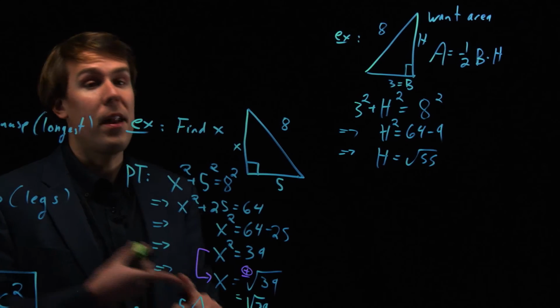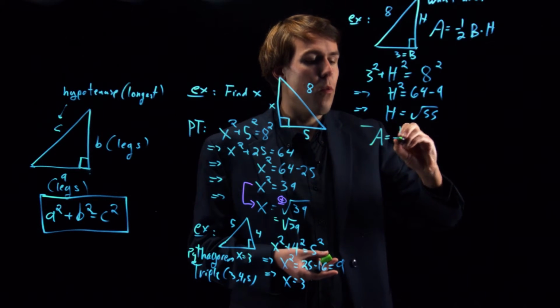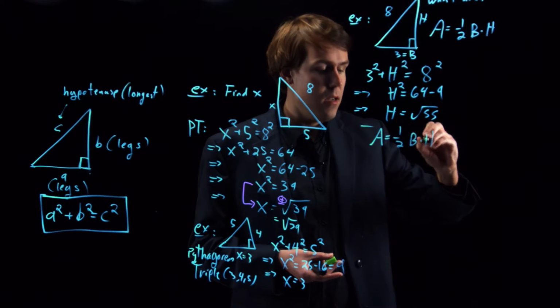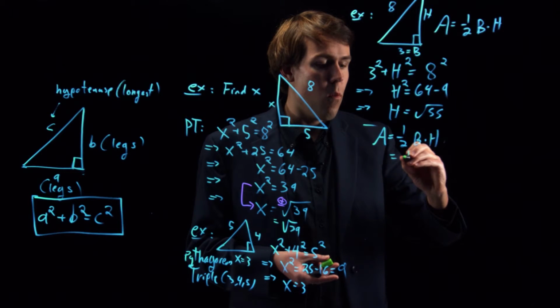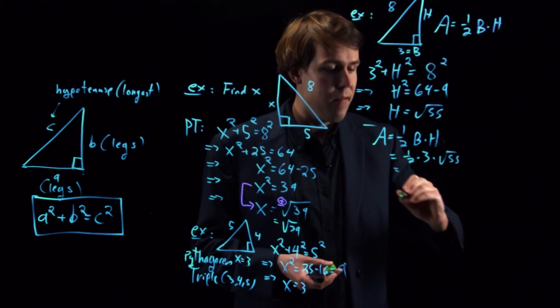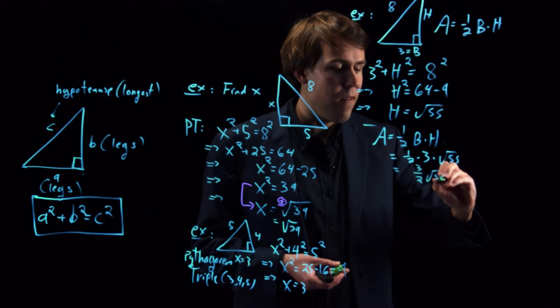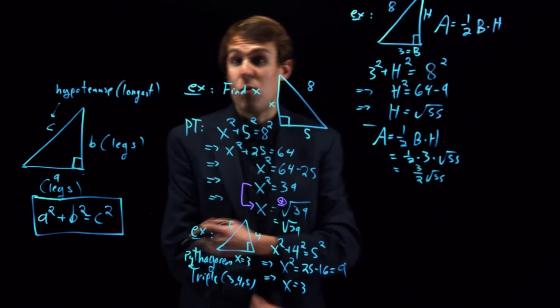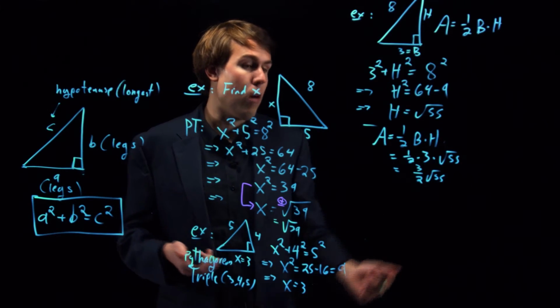And now I can plug that into the area formula and say that area is equal to 1/2 base times height, which in this case is simply 1/2 times 3 times square root of 55. So maybe something like 3/2 square root 55. Again, square root of 55 is not an integer, so we'll just leave it as a square root.